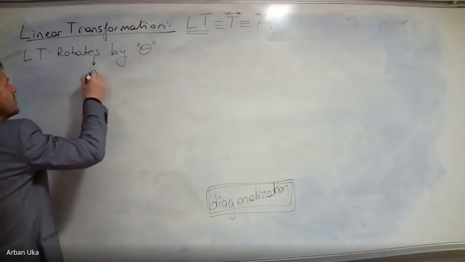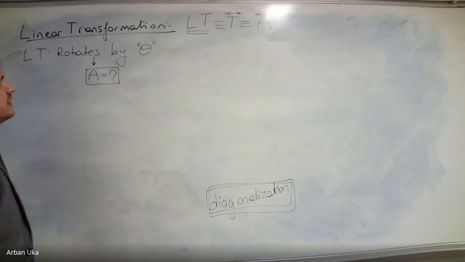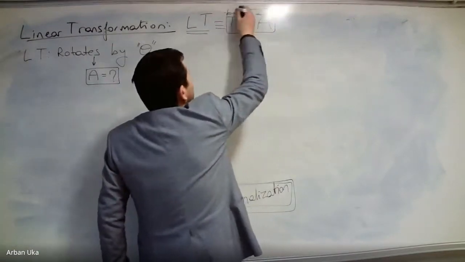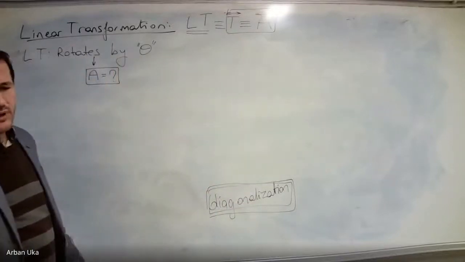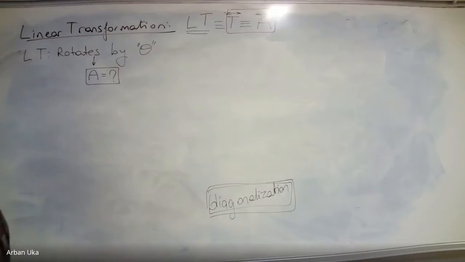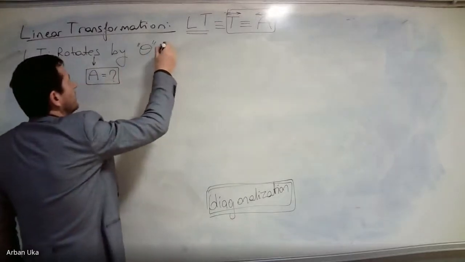The next question is this: what is A? Why do we need A? Which is also this A here. We need A because we are very good at implementing or multiplying matrices with certain data sets and seeing the difference. That's why we care about it. But now, we want to rotate by angle theta where?